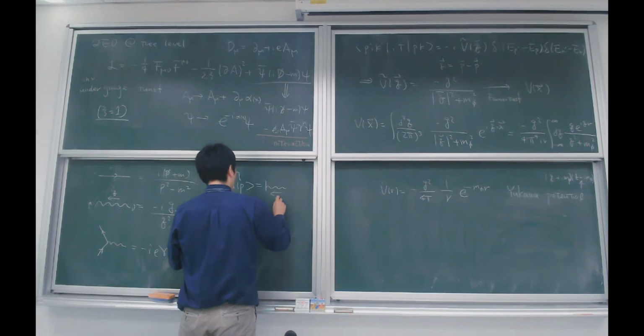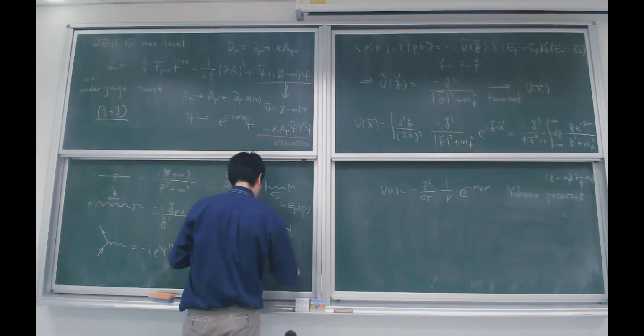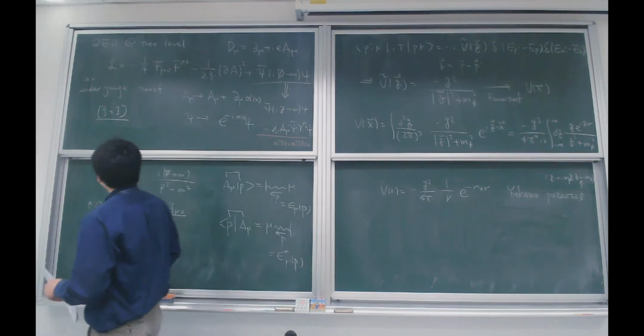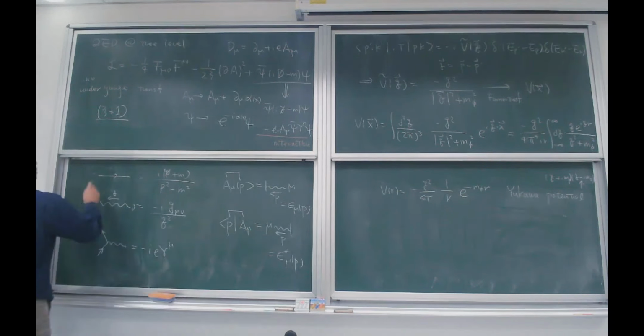So this is the photon polarization, and in the final state it is epsilon star. Okay, so that's the final rule for QED, and we will use this rule a number of times from now on.